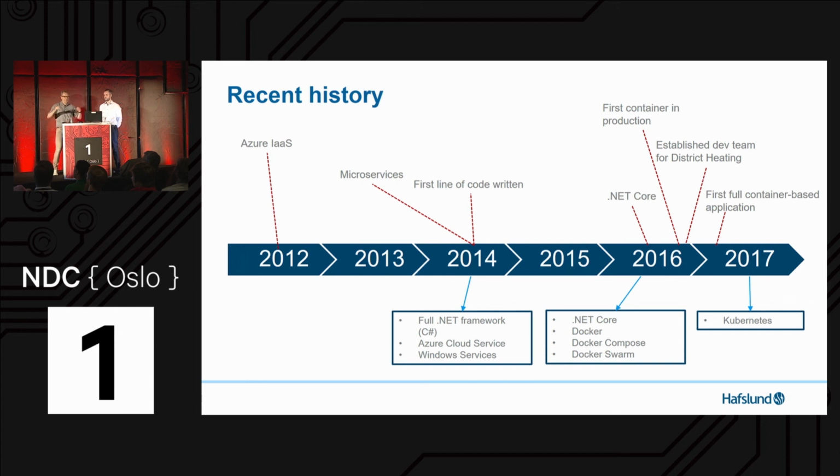Now we have 2 teams and we try to develop in the same way. The first full container-based application we released in April this year. After that, we have gone from Swarm to Kubernetes. So when I'm talking about Kubernetes, we're just 1.5 months into having it in production, so we're still fairly new on Kubernetes.